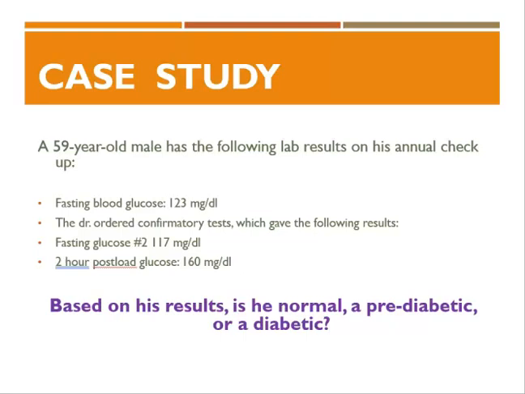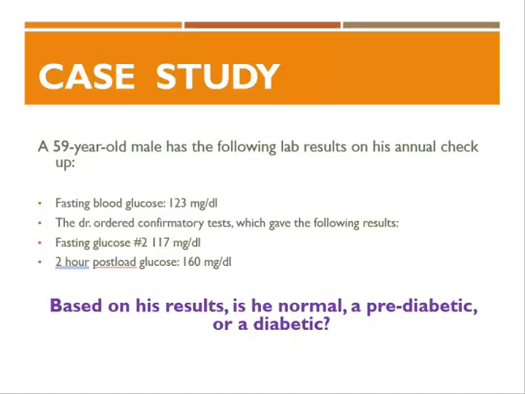The correct answer is this patient is pre-diabetic because the normal fasting glucose should be less than 100. The pre-diabetic is 100 to 125, and of course the diabetic patient would be over 126.